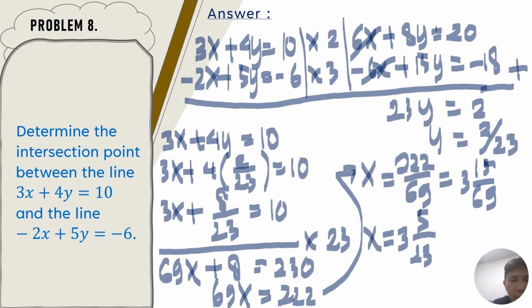So the intersection point is x comma y. So the answer is 3, 5 out of 23, comma 2 out of 23.